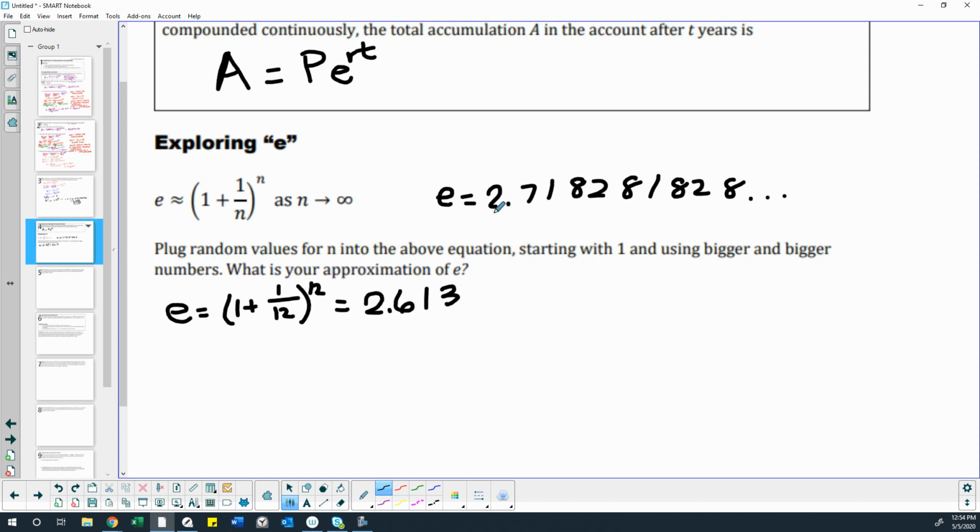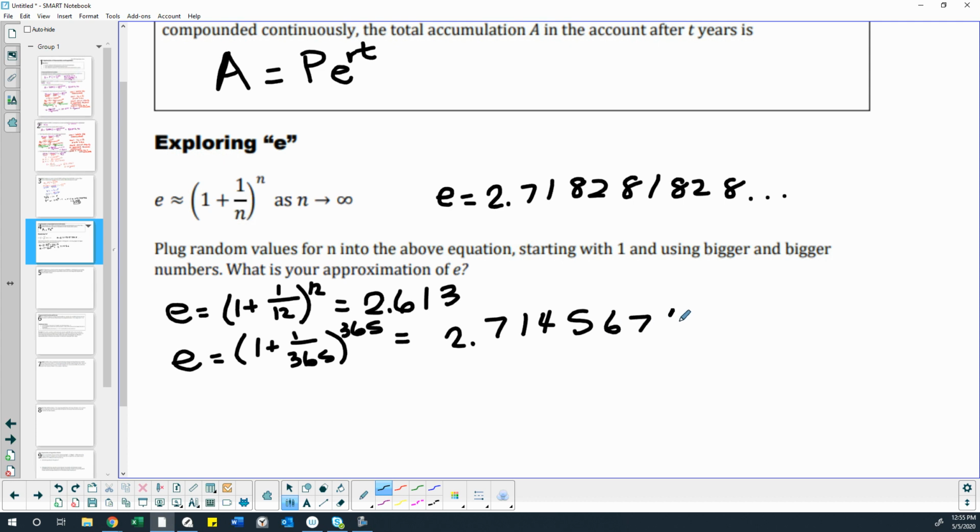So you can see it's a little bit off from this, but the bigger and bigger numbers we use for compounding, like if we wanted to compound daily, that would be 365 approximately, so to the 365 power. So 1 plus 1 divided by 365, and then take that to the 365 power, and I got 2.71456742. You can see that I'm getting closer to what my calculator says e is.